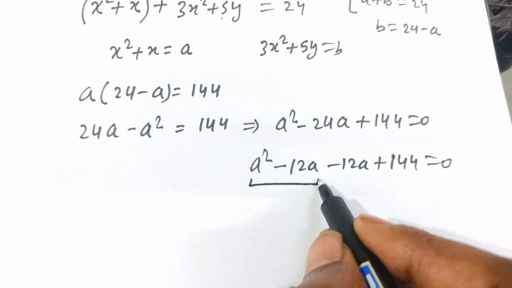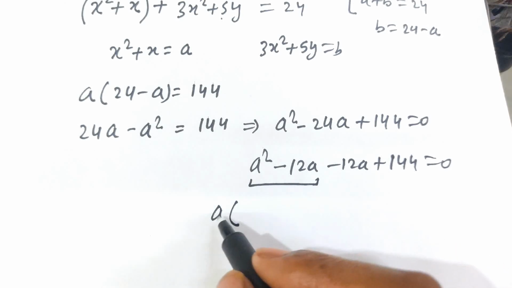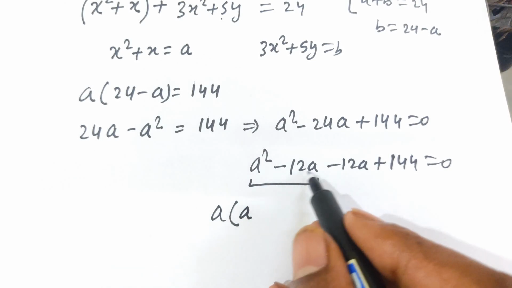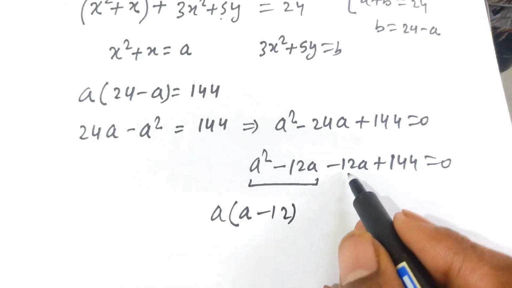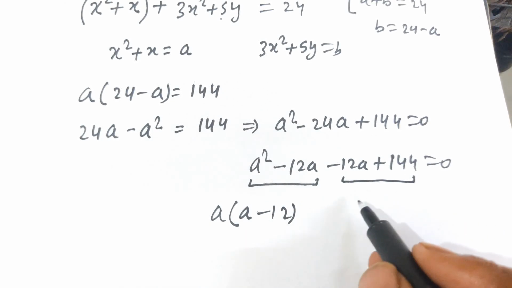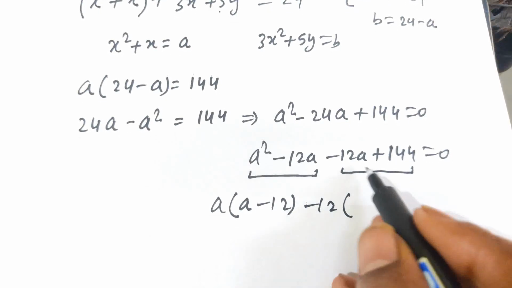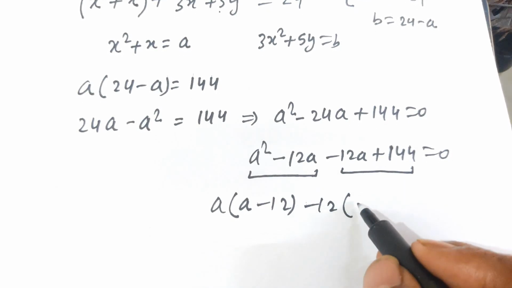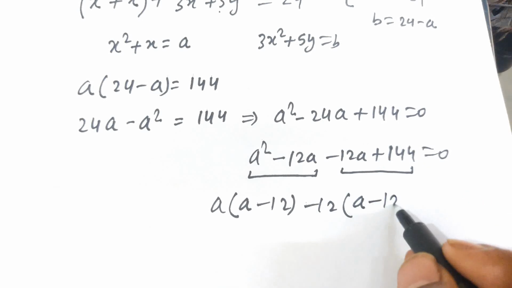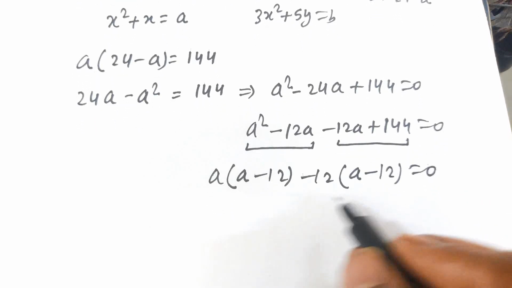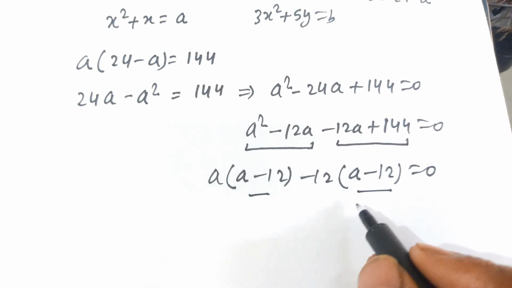Here if we take common a, then a square is divided by a, then you will get a, and minus 12 times a is divided by a, then you will get minus 12. And here if we take minus 12 common, then minus 12 times a is divided by minus 12, then you will get a, and plus 144 is divided by minus 12, then you will get minus 12, and this is equals to 0. Here a minus 12 is common.